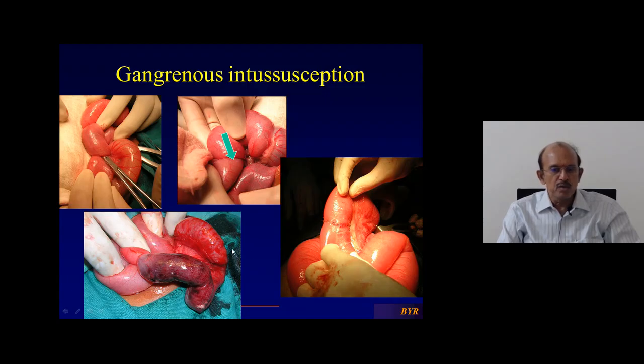Request the anesthetist to give 100% oxygen. After 10 minutes, you take away the mop and look at the intestine. If the color changes to light purple, with return of pulsations in the mesentery and return of peristaltic activity of the bowel, that means it is viable bowel. Otherwise, you have to resect it.